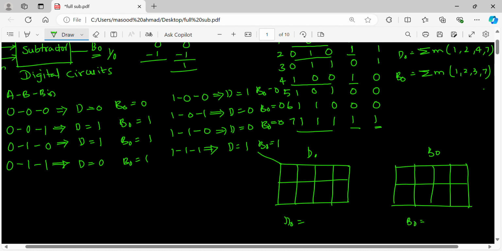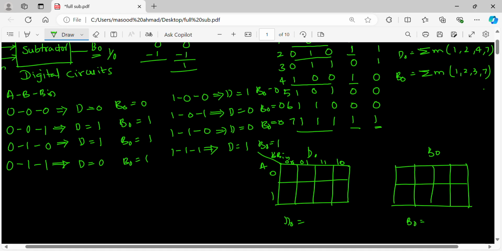Now I take A here, which is MSB, then B and B in here. B in, 0 1. This is 0 0, 0 1, 1 1, 1 0.